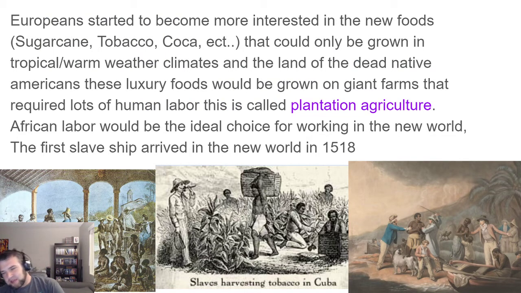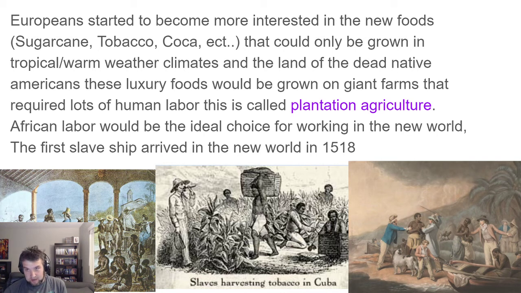And really the whole slave trade got started by the fact that when Christopher Columbus did the Columbian Exchange and all that, they said, wow, there are some really awesome new foods here in the New World. Foods like sugarcane, tobacco, cocoa, corn, but corn wasn't really a topic of discussion for this purpose. All three of those big food deals required a tropical environment and a whole lot of labor.